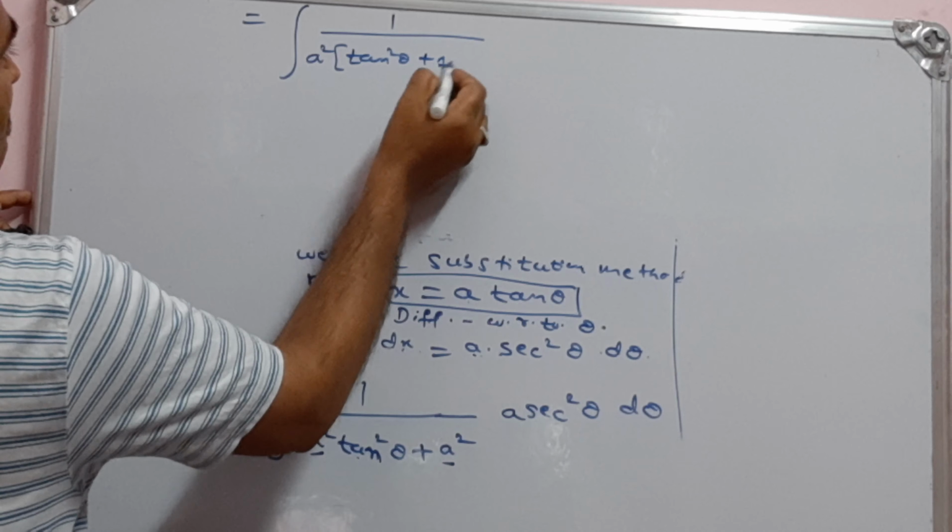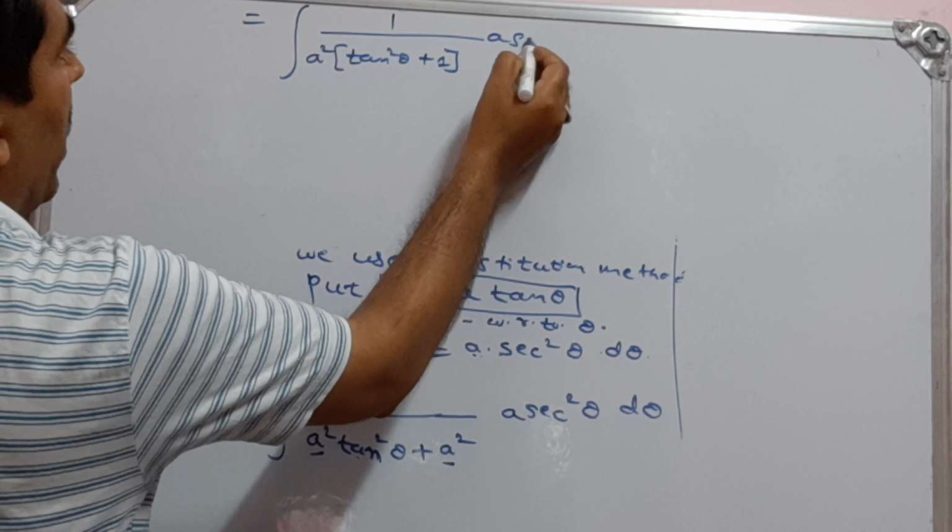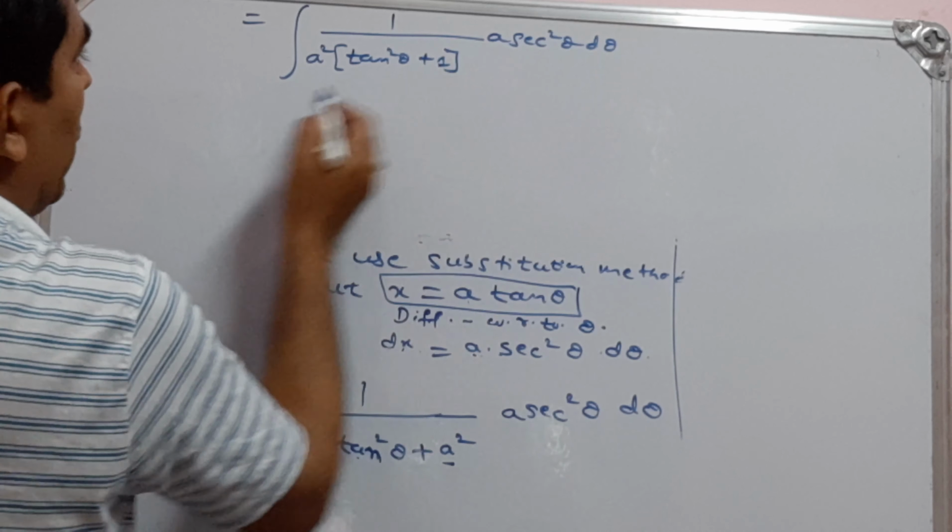Okay, tan square theta plus 1, and here I have a secant square theta d theta as it is.